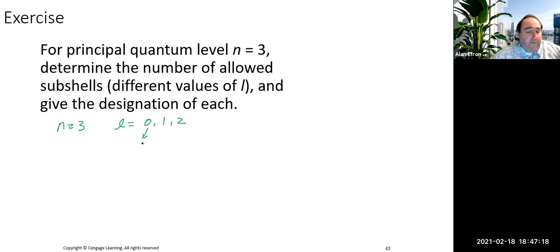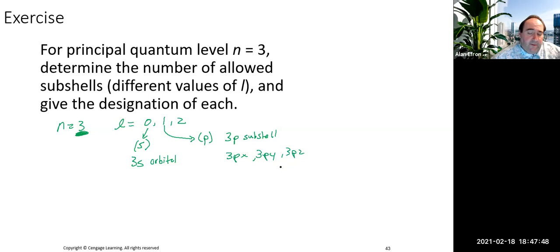The 0 would represent an S, and more specifically, because it's on the third energy level, a 3s orbital. 1 would represent a P, and more specifically the 3p subshell, which represents the 3px, 3py, and 3pz orbitals.